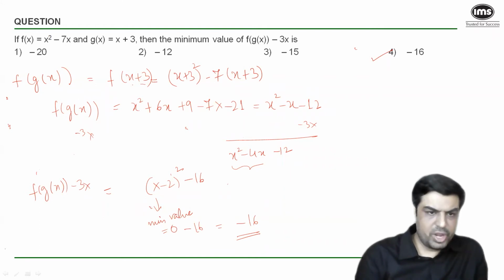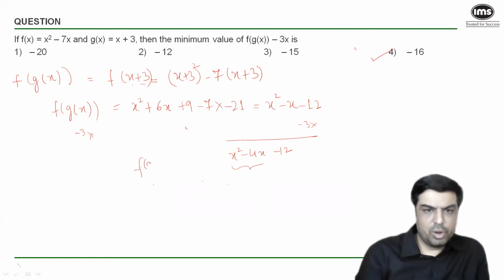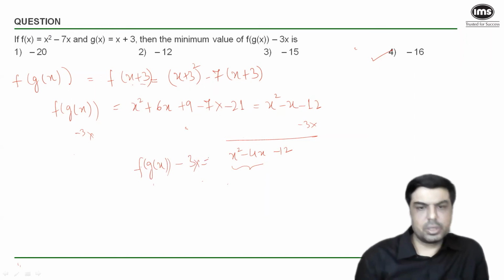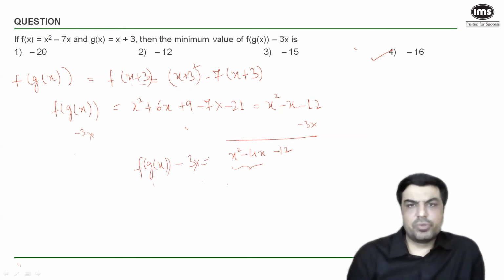We need to minimize f of g of x minus 3x. Let's keep it intact and see. Once you've got the value of the expression, the first two steps remain common.